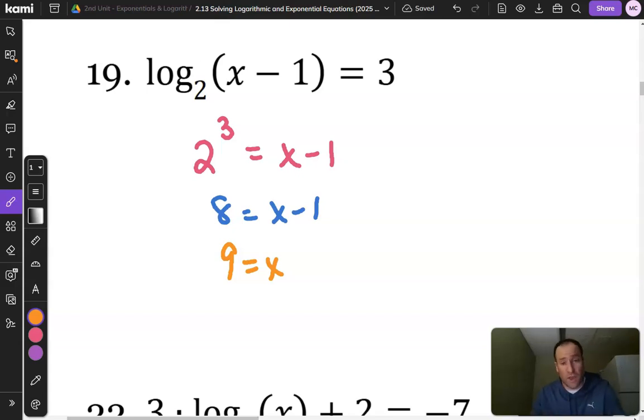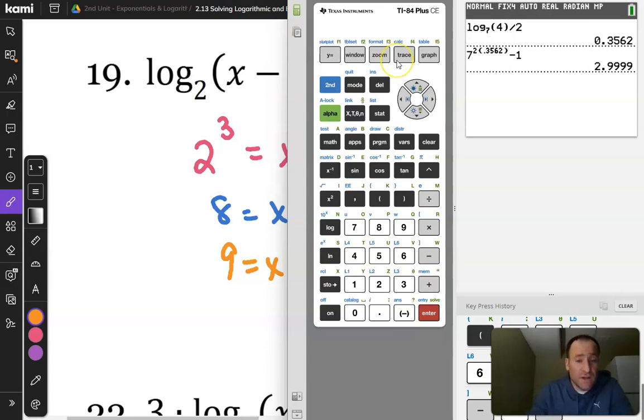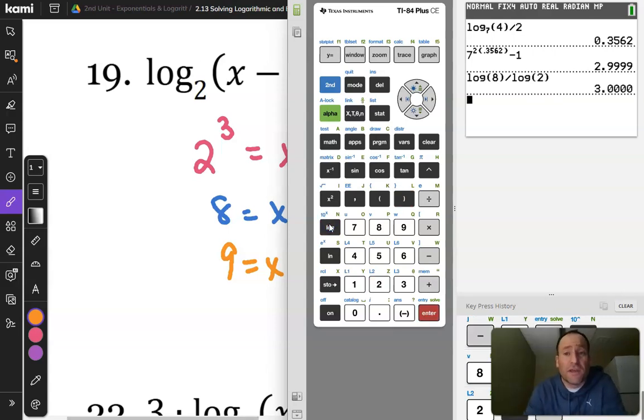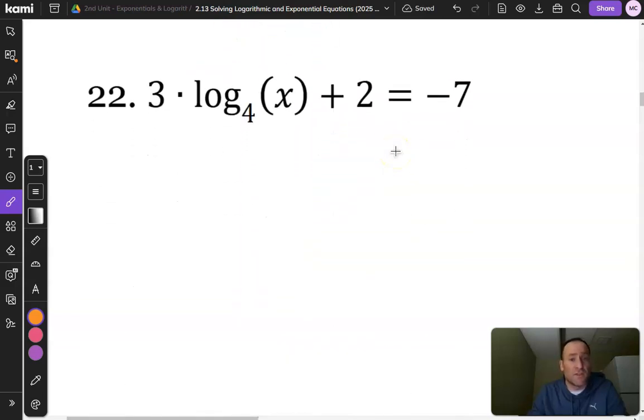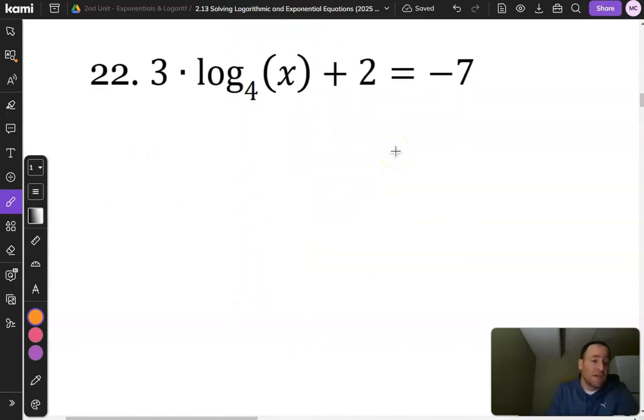That totally works. Okay, and now, quick reminder, if for some reason you are using a calculator from when I was your age, we could use the change of base property, log of 8 divided by log of 2, log of the argument divided by the log of the base, and we can do that as well. Let's just keep going down the line here. Number 22 here, this one looks interesting.